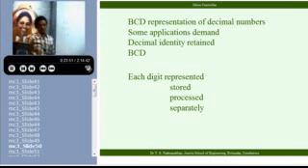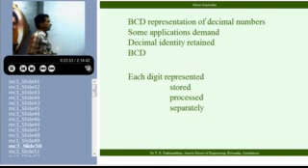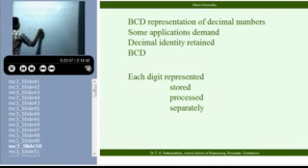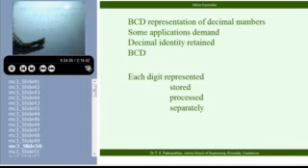An alternate representation is what is called a BCD representation. You take the number 847, a 3-digit decimal number.